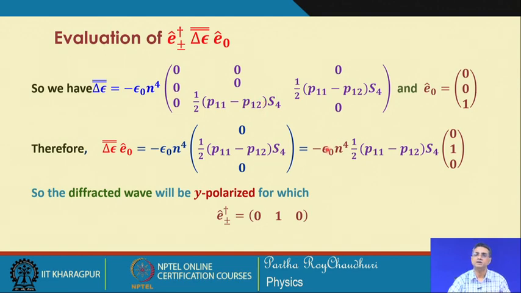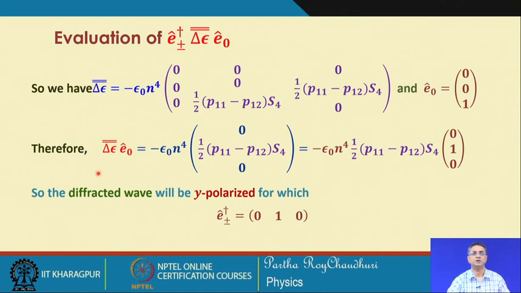Therefore, for this expression to be a scalar quantity, this epsilon_0 n to the power of 4 and this change, this P_s quantity, will be a scalar only if your diffracted polarization is this, because if you pre-multiply with this vector, then only you get a scalar. So, it suggests that the polarization of the diffracted wave should be Y polarized.